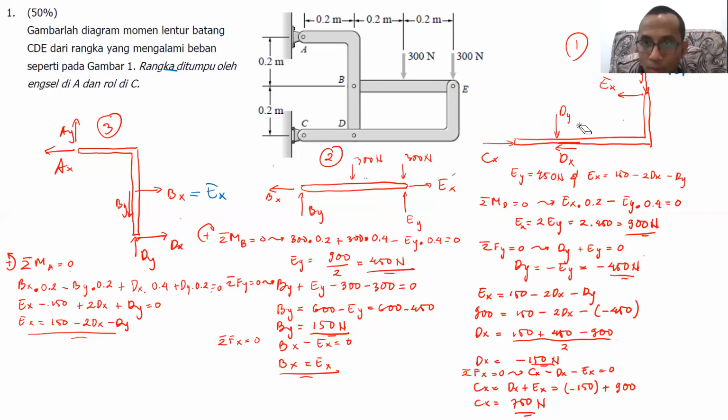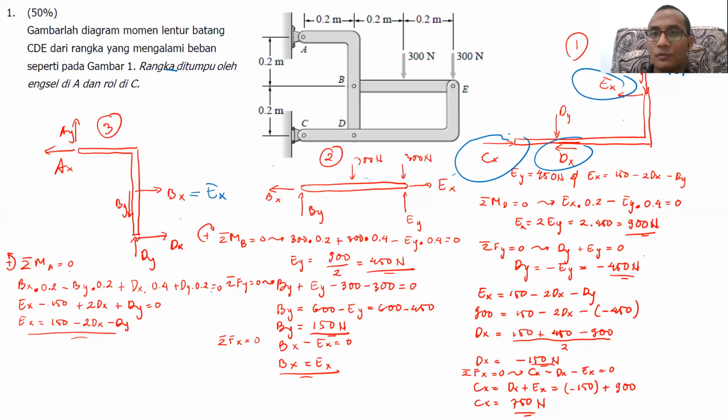But remember, we will not be able to solve it directly with sigma fx. If you just use sigma fx equal to 0, what we will have is ex plus dx minus cx equal to 0, where ex is already known, but dx and cx are not known yet.